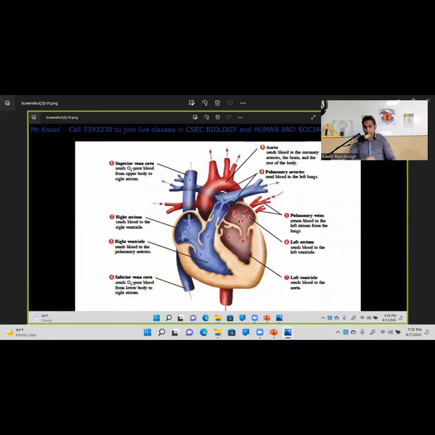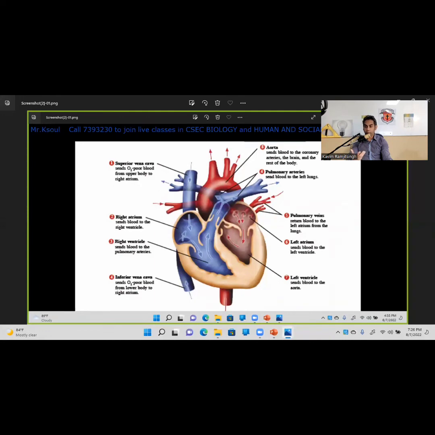So this diagram here, we are seeing actually how the blood flows by the arrow diagrams, right? So we are seeing the deoxygenated blood from the head, upper body, and lower body entering the vena cava, flowing into the right atrium, right ventricle, and then it goes to the pulmonary artery, where it goes to the right and left lungs.